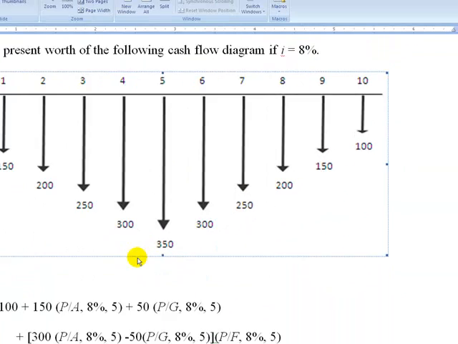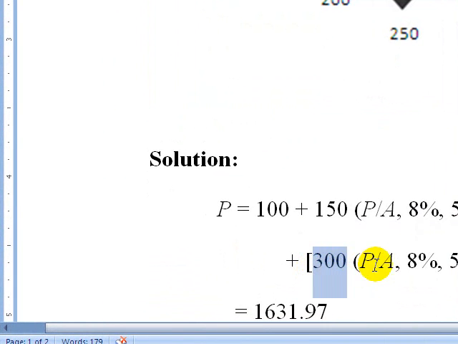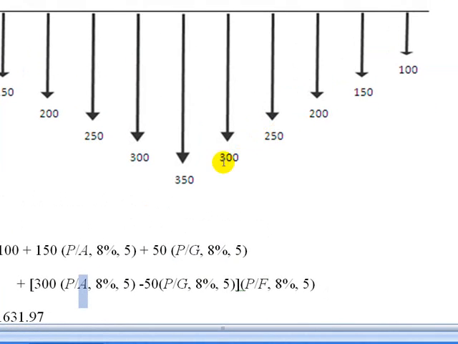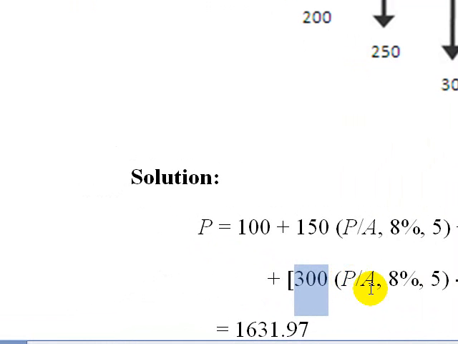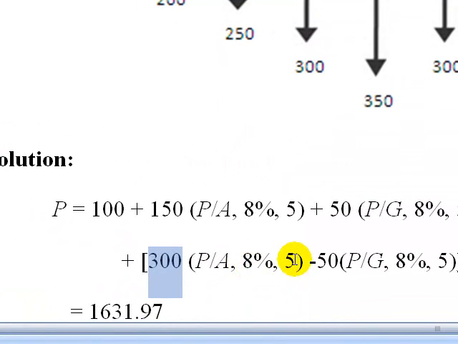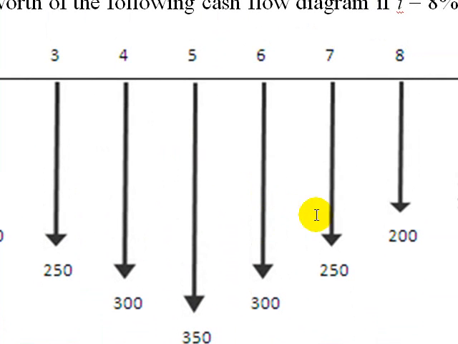We already have calculated up to year 5. For year 6 and onwards, we assume that 300 is A, the annual cash flow from year 6 onwards. That's what we are assuming, right? So we need to find its present value. So P given A, the interest rate doesn't change, and 5. Please note that this is 5. That means we are going to calculate the present value not here, not in year 0. 5 meaning years 6, 7, 8, 9, 10.